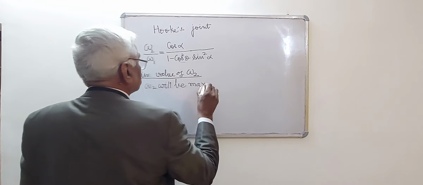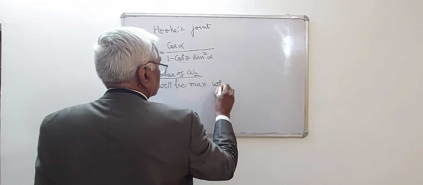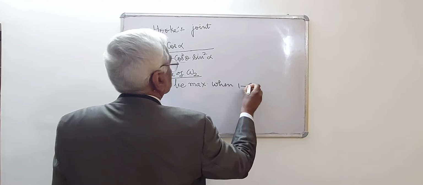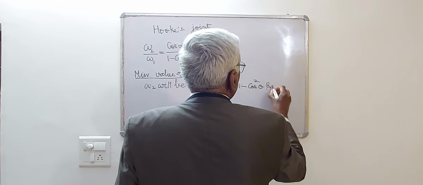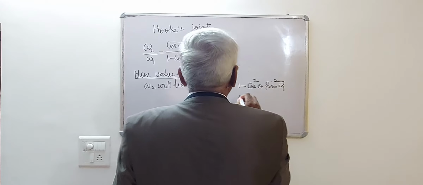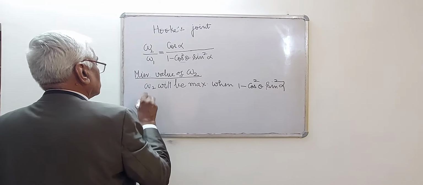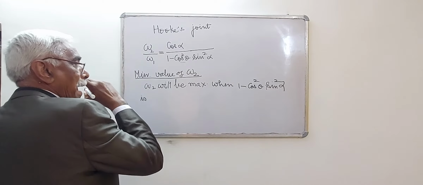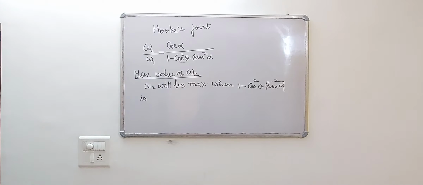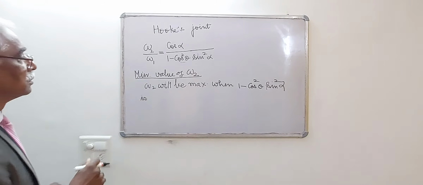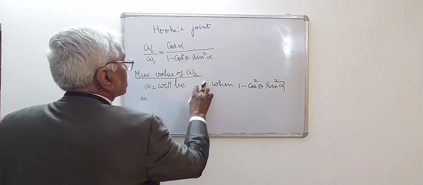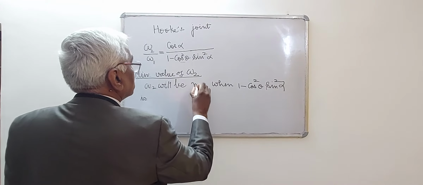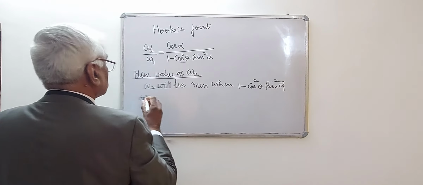Omega 2 will be minimum when 1 minus cos square theta sin square alpha is maximum.